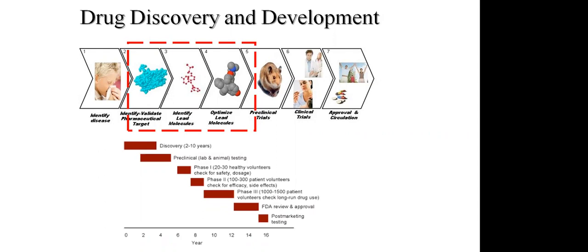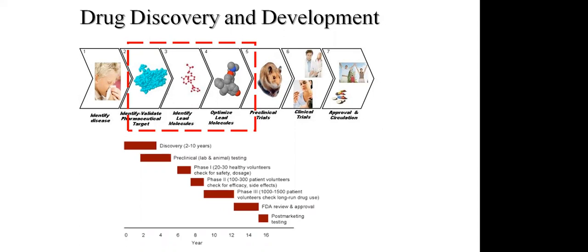So a lot of time and money will be wasted. To reduce this wastage of money, time, and manpower, these computational methods have increased efficiency and reduced the chance of failures in preclinical trials. So this is the step we are supposed to study right now.